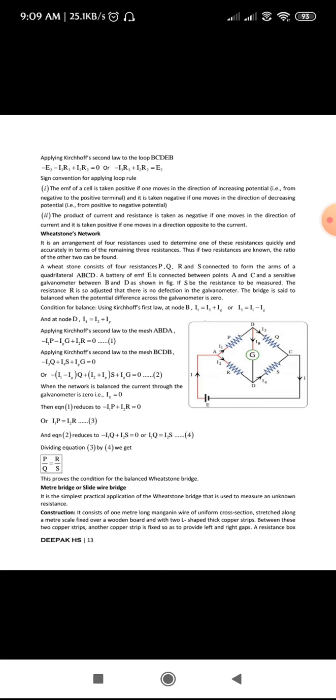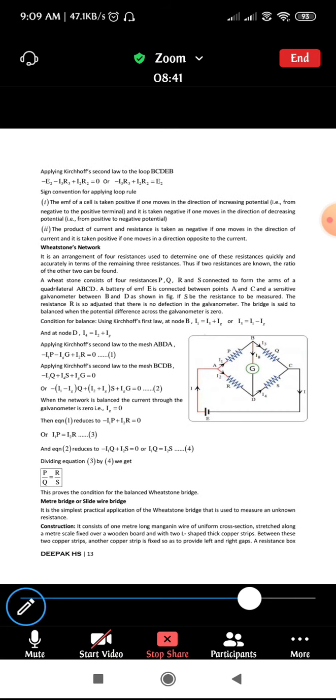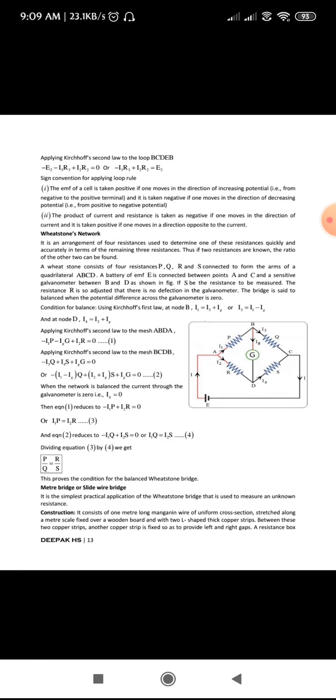Next, coming to the construction part, I'll just read out, just go through. It consists of a 1 meter long manganese wire of uniform cross section stretched along a meter scale fixed over a wooden board with two L-shaped thick copper strips.